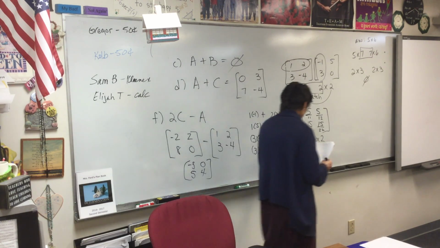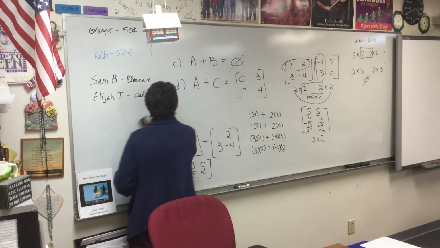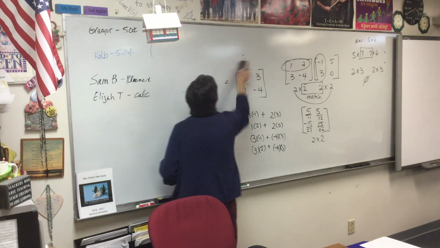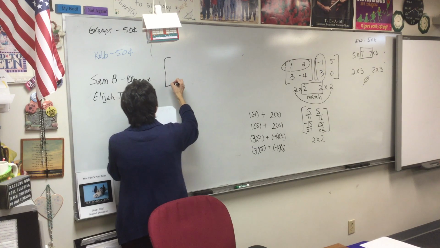Okie dokie. How about FA? Now, FA would be exactly the same two matrices, but in the other order.